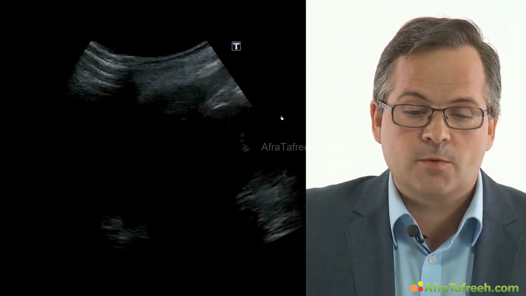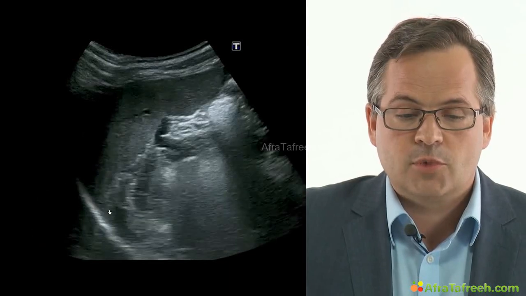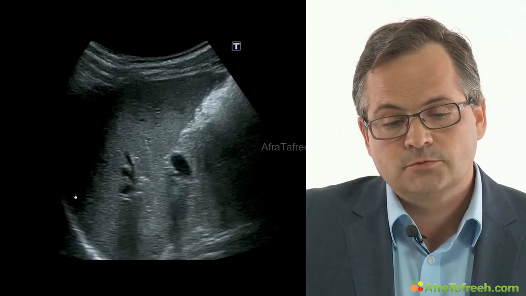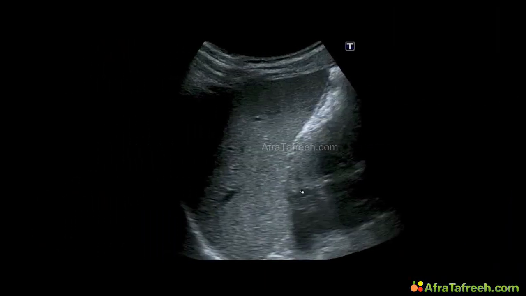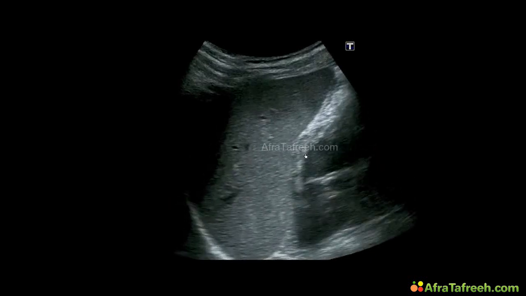In this area we can detect the left kidney, parts of the diaphragm, and over here we can see the tail of the pancreas. Let's go for some real scanning.